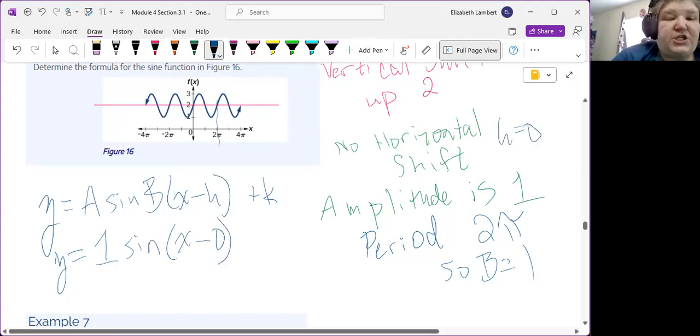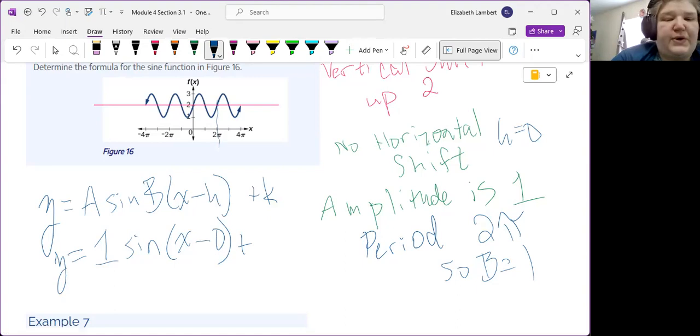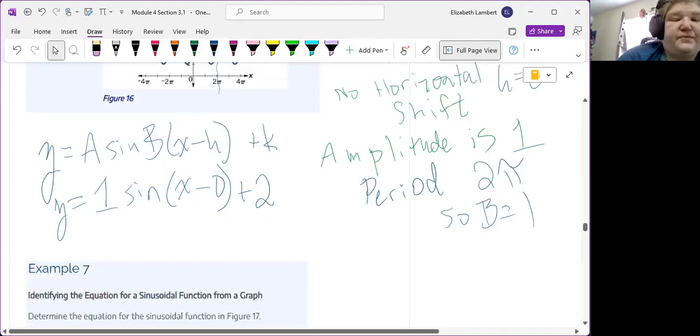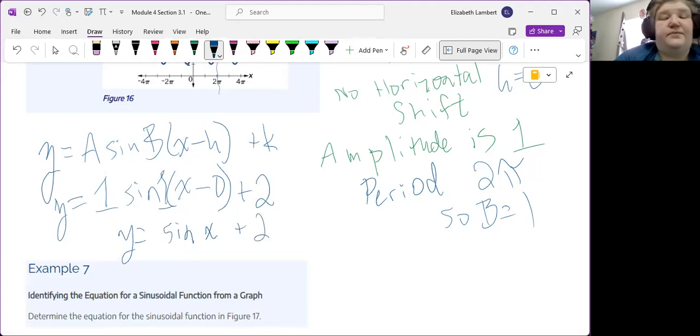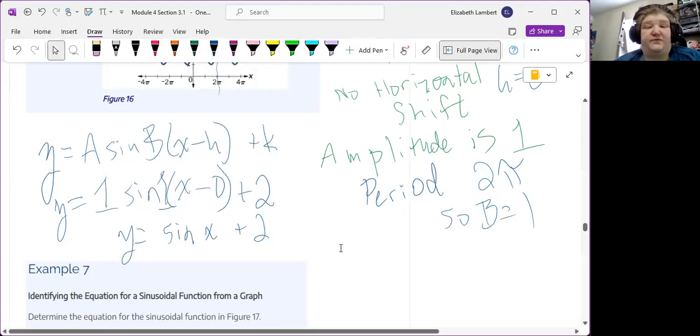But our vertical shift, it went up 2. That vertical shift is outside the function, so what we see is what we want to put. So it'll be plus 2. So there's our equation for that ridiculous graph.